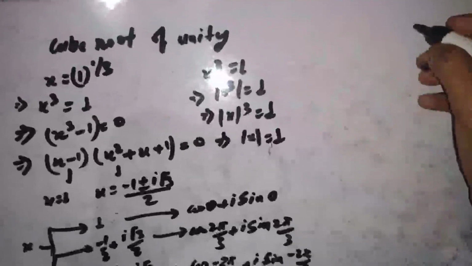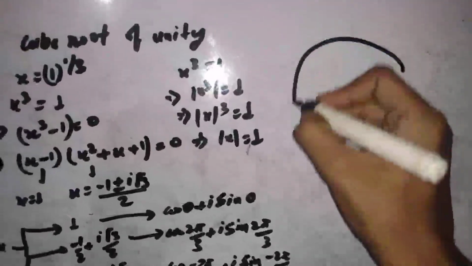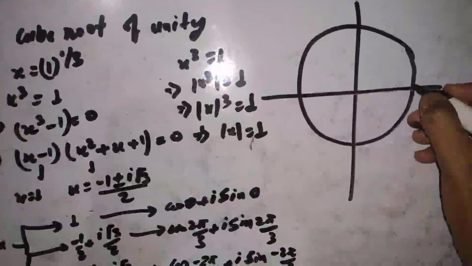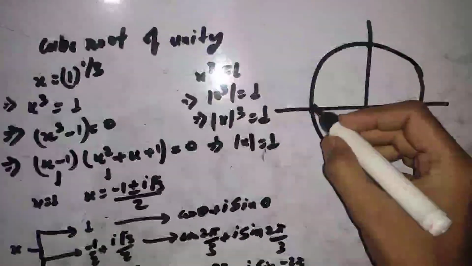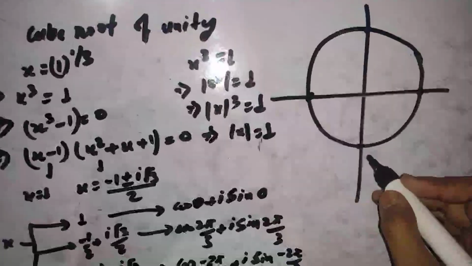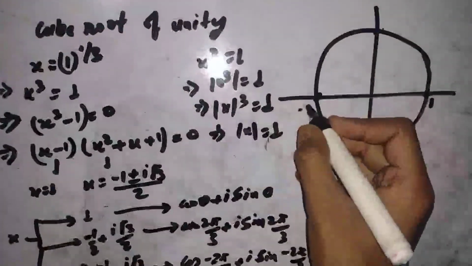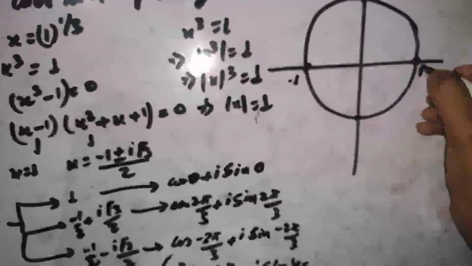Okay, now we will plot it. So this is a circle of 1 unit. So this is 1, this is 1 also, this is 1 also, and this is 1 also, but this is minus iota and this is plus iota, this is 1 and this is minus 1. Okay, so our one root is 1, so this is our one root, of course.